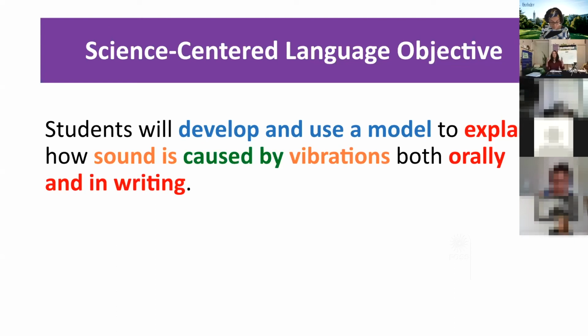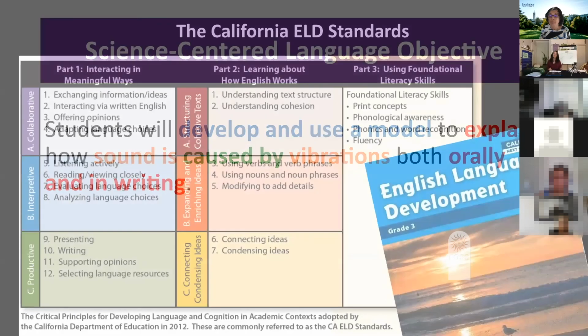They're going to draw a picture and label it and show their understanding that sound is vibration, that back and forth movement causes sound. And they're going to do that orally and in writing. So just that very simple objective tells me where I'm going to focus in terms of the practices and what that literacy connection will be.